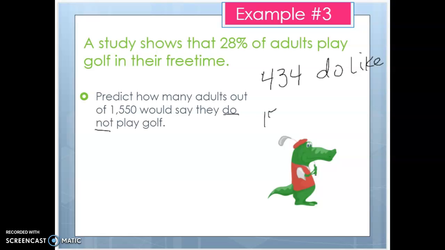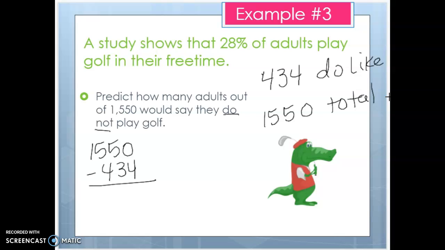And we're looking at 1550 total. So I could take that and subtract 434, and I would get that it's going to be about 1,116 people. So that's one way.